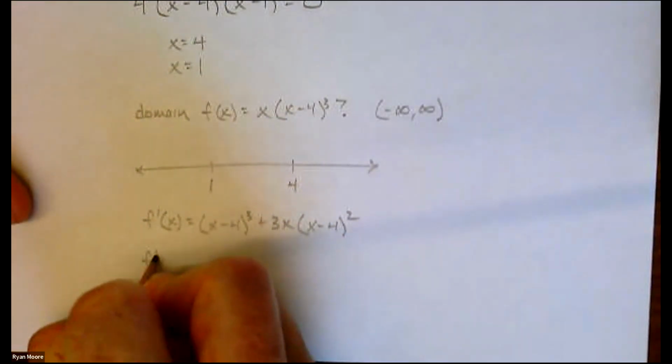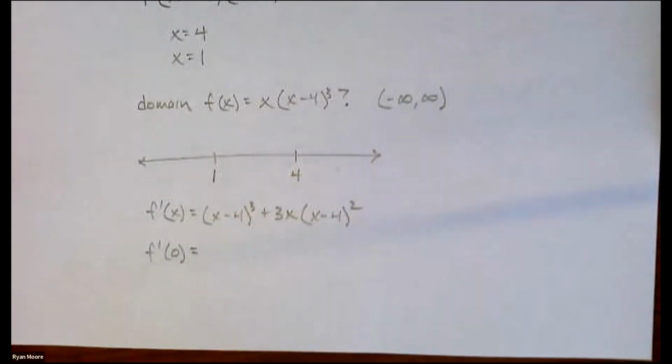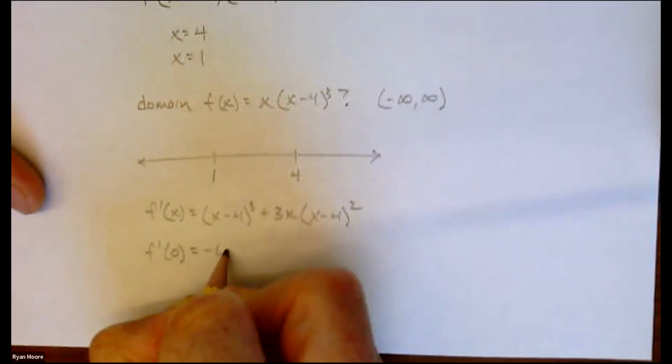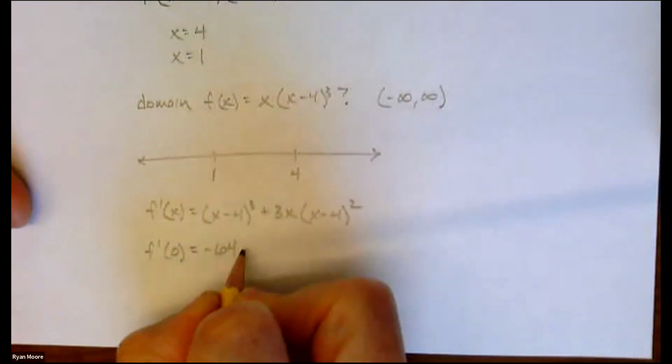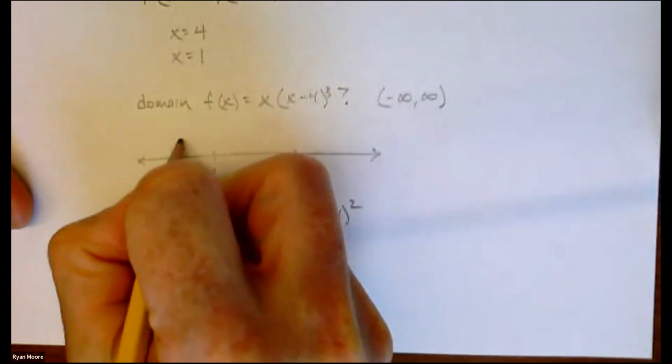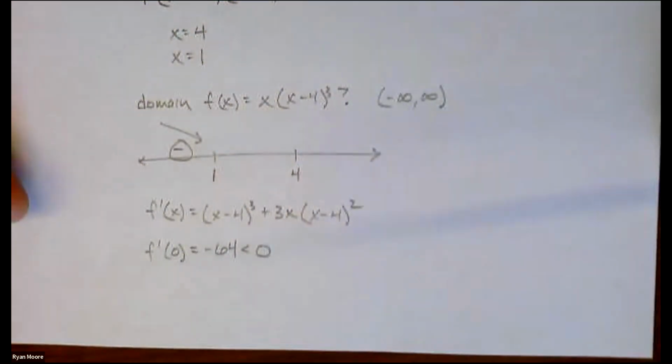All right, so we got f prime of 0. Putting 0 in, it'd be (−4)³ plus, oh, there's a 0 there, so that wipes out everything. (−4)³ is −64. And it's not important that it's −64, it's just the fact that it's negative. So minus sign and a down arrow.